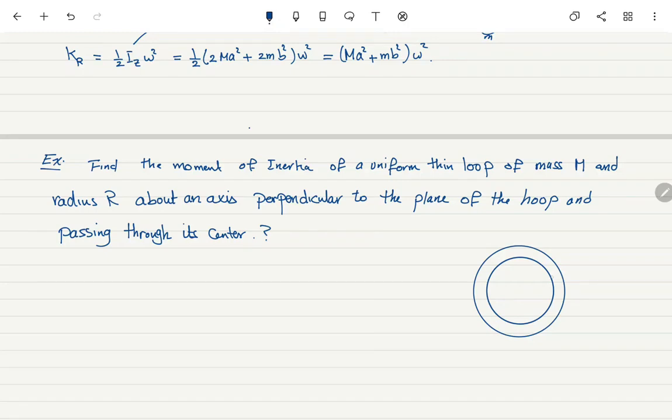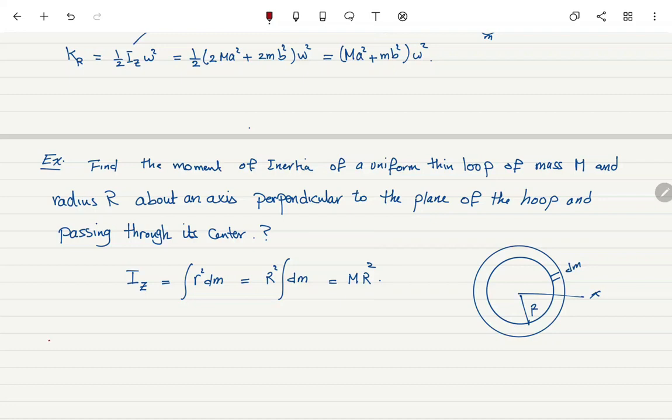Here's the thin loop, and if we take a mass element dm, the radius for this loop is equal to r, and here's the x-axis. So I, the moment of inertia around the z-axis, is equal to the integral of r squared dm, which is r squared times the integral of dm, in other words, mr squared.